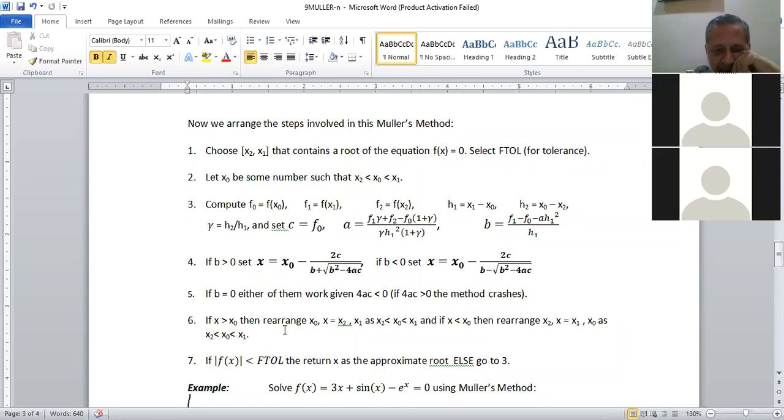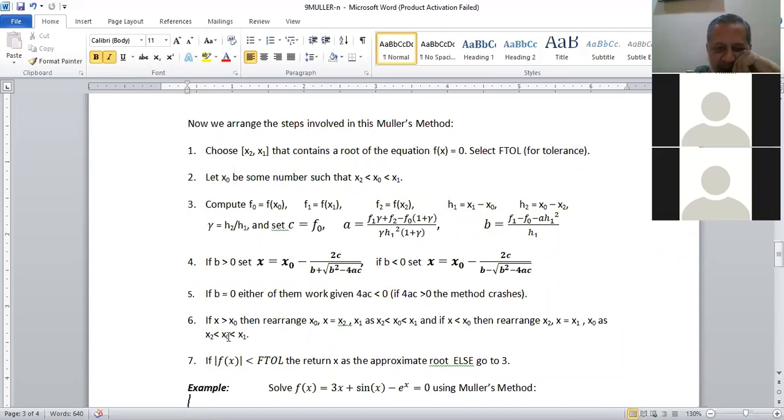इस लाइन का पर्पस ये है कि जो भी नई x वैल्यू आ रही है इस फॉर्मूले से, अगर वो x नॉट के राइट पे है तो x नॉट अपनी जगह रहेगा, x1 आ जाएगा, x2 आ जाएगा, और अगर x लेफ्ट पर है तो x1 की जगह x आ जाएगा. स्टिल हमारी अरेंजमेंट वैसी की वैसी रहेगी, x2 less than x0 less than x1 इस केस में भी और इस केस में भी.